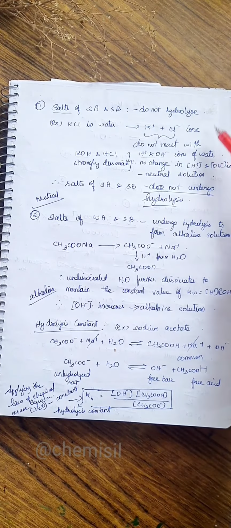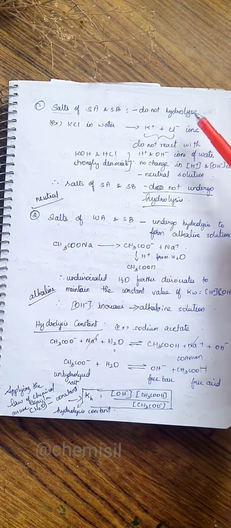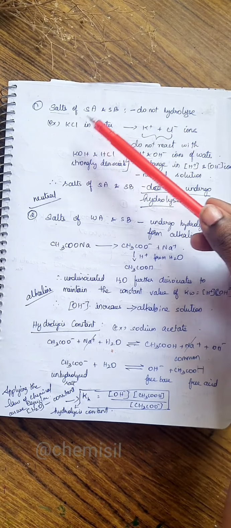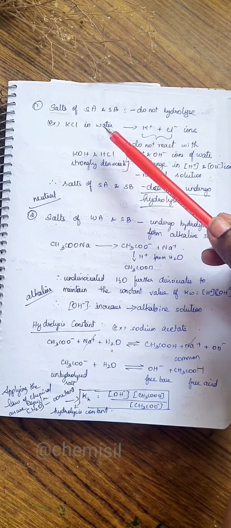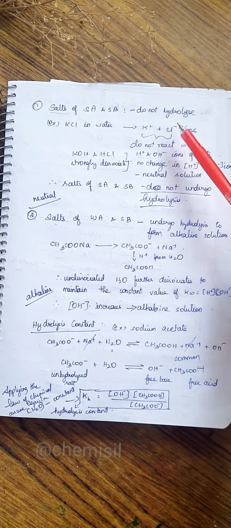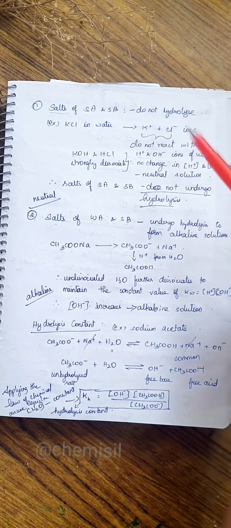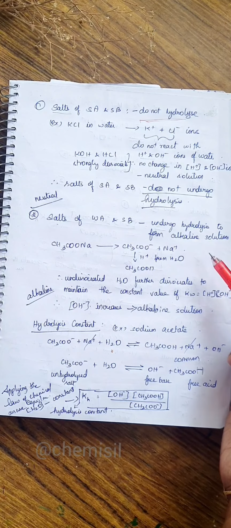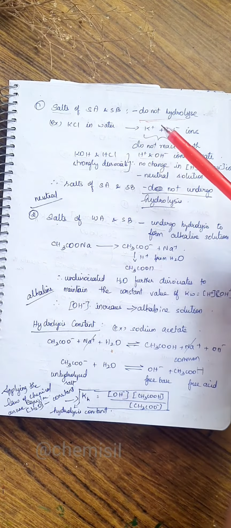Now, consider the first category, salts of strong acid and strong base. For example, potassium chloride. When it is dissolved in water, it will dissociate into K plus and Cl minus ions, and these ions have no tendency to react with H plus and OH minus ions of water. Why?